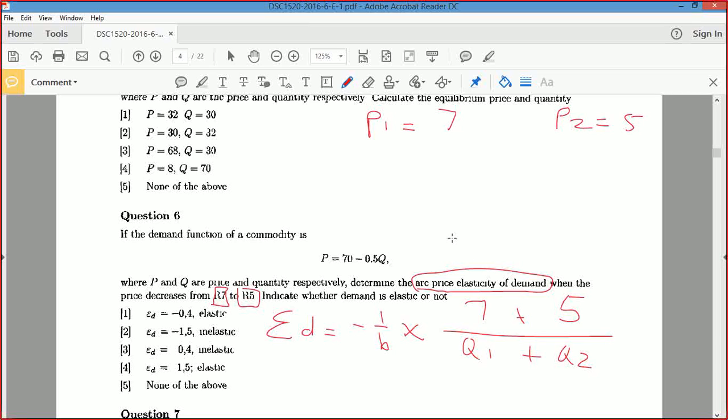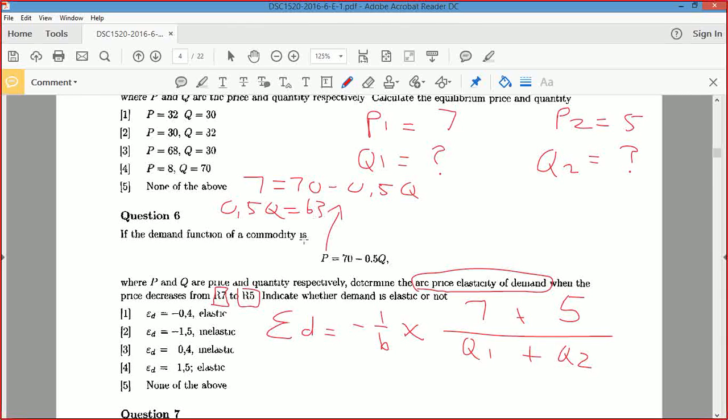Okay, I need a quantity. I need Q1, that's a question mark, and I need Q2, question mark. So let's find the quantity. I need to put in the price, so I'm going to substitute that into there. 7 equals 70 minus 0.5q. 0.5q is going to equal 63.